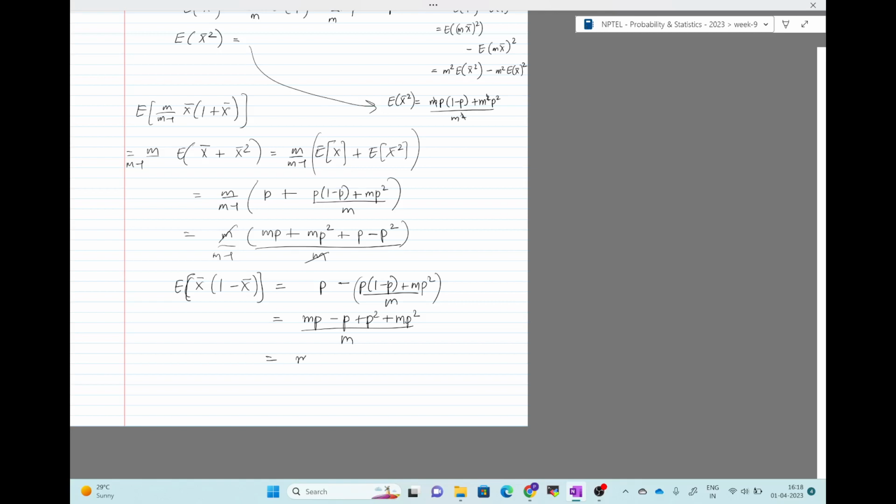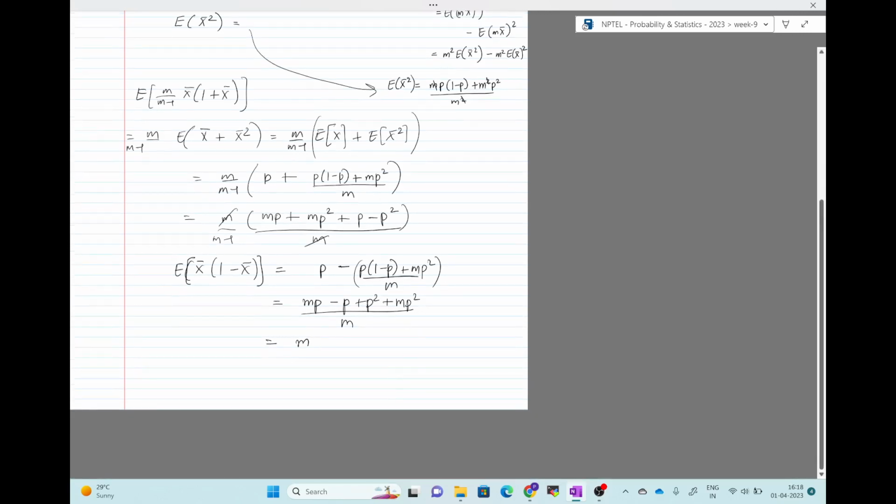Now if I take m common, I get p, and here will be minus, right? p minus p square minus p.